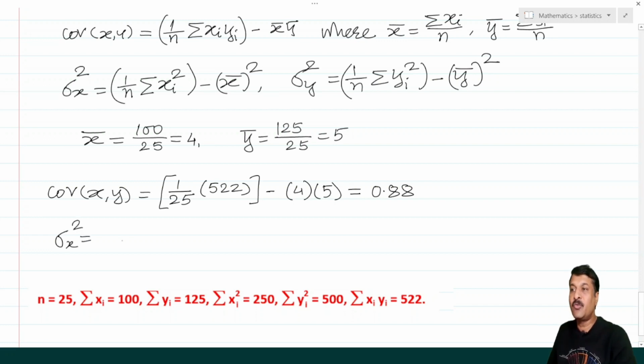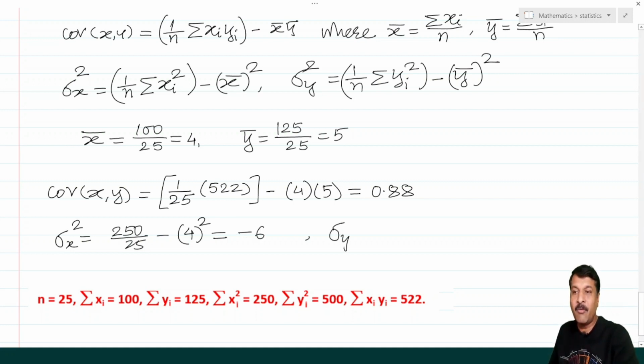Now sigma x square. It is equal to 1 by n summation of xi square, meaning 250 by n, which is 25, minus x bar square, meaning 4 square. So by calculator I am getting minus 6.